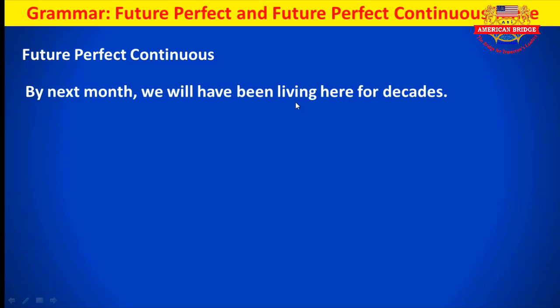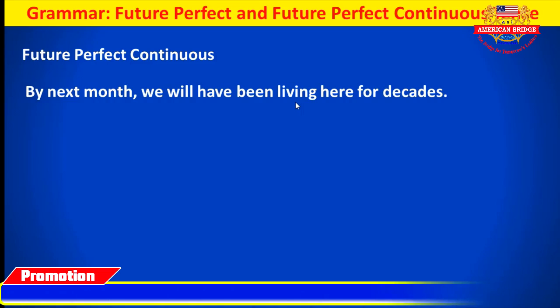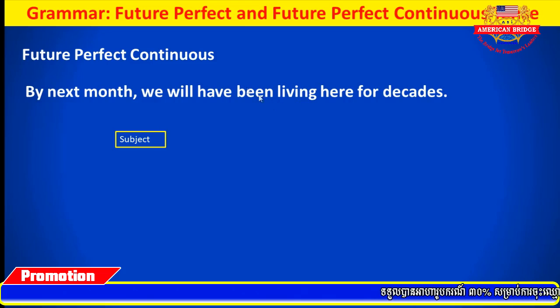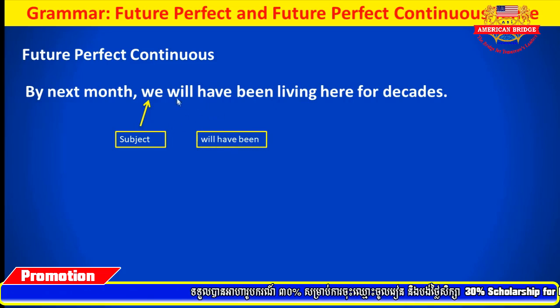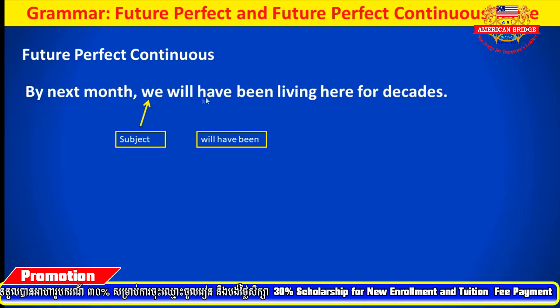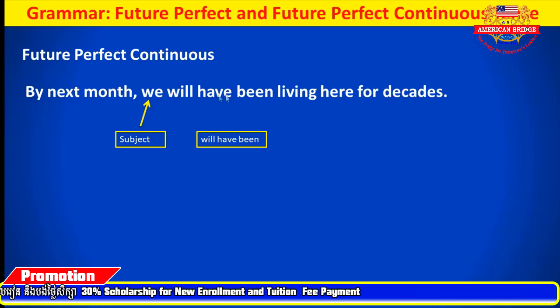So first of all, you have to recognize how you form the future perfect continuous. You have to define the subject. So the subject is we, and will have been. In the future perfect continuous, you use will have been. Future simple, you use will. Perfect, you use have. Every perfect continuous or perfect passive, we use been here.